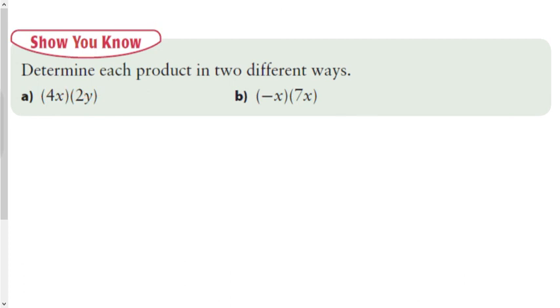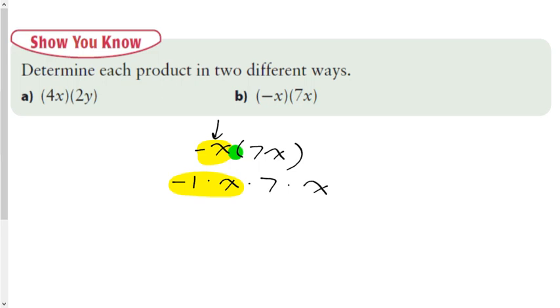If I think of the second question, solving it two different ways, negative x multiplied by 7x, if I use the associative property, negative x actually has a coefficient of negative 1. It's negative 1 times x, that's negative x. If I use my highlighter here, negative x is really negative 1 times x, multiplied by 7 multiplied by x, which is our second term.